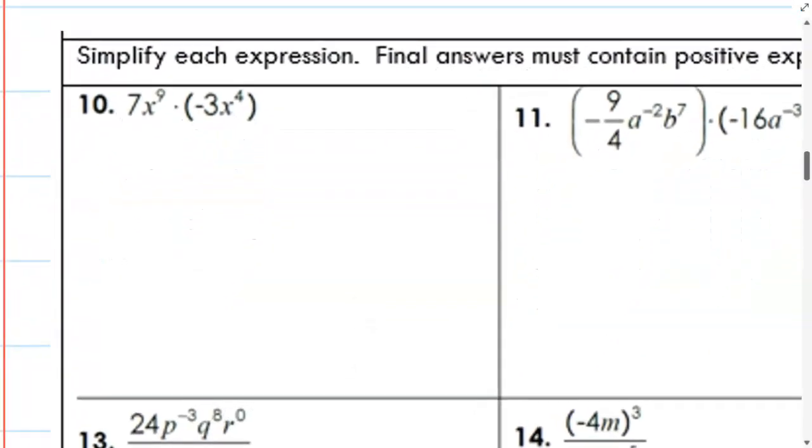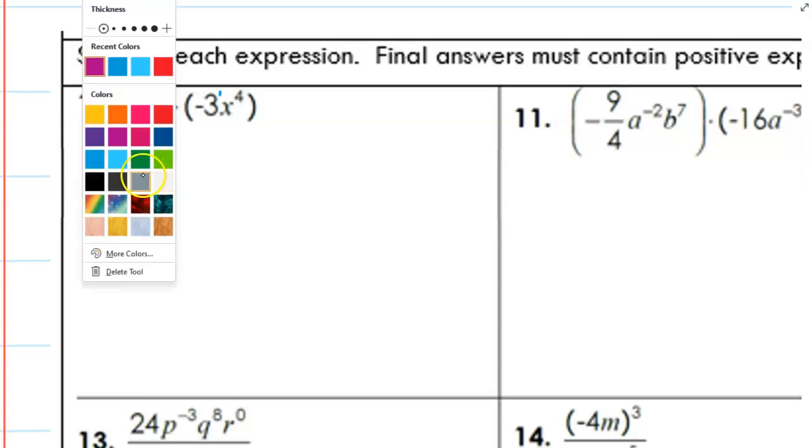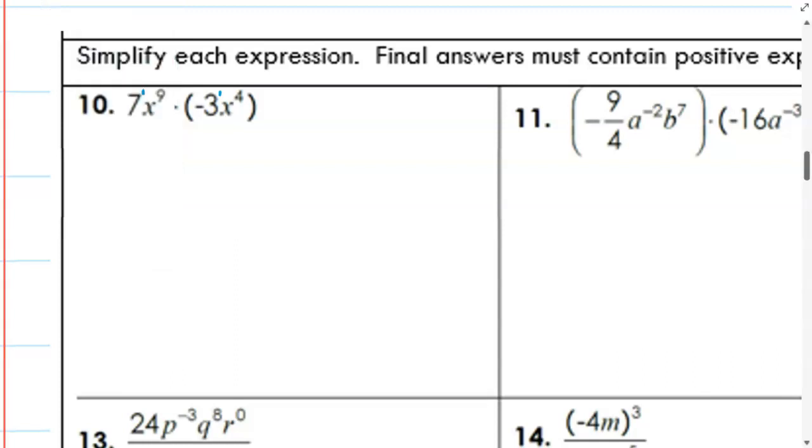Okay. Number 10. Now remember that all of the bases has its own exponent. Okay, so this is just basically negative 3. I mean, not, where did the negative come from? First of all, I'm going to change the color. Yellow. Okay, negative.